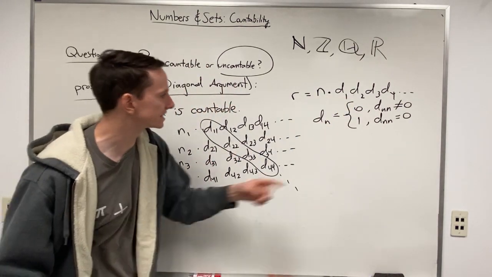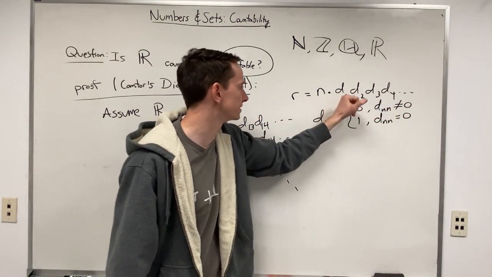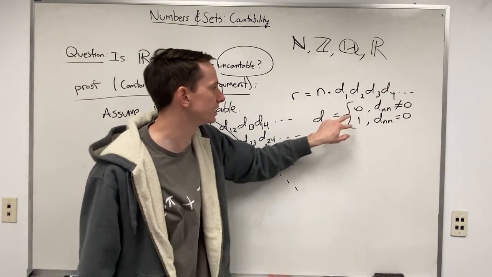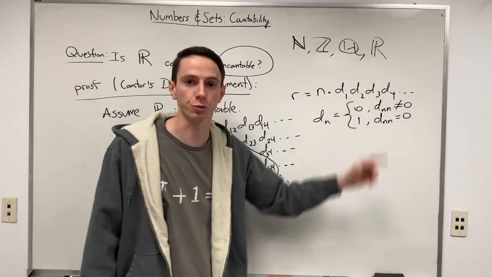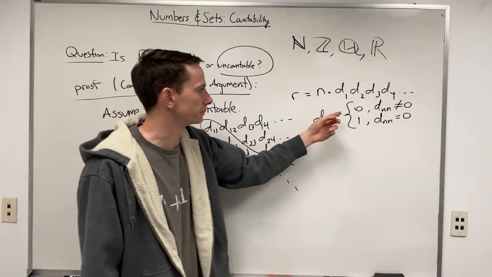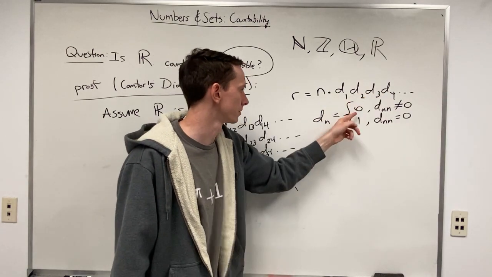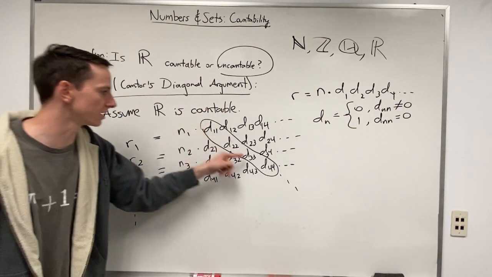And why? Because we set up these digits after the decimal point so that there's guaranteed to be a mismatch in at least one of the spots. So basically, one of these is going to be 0 when the corresponding element here is not 0.